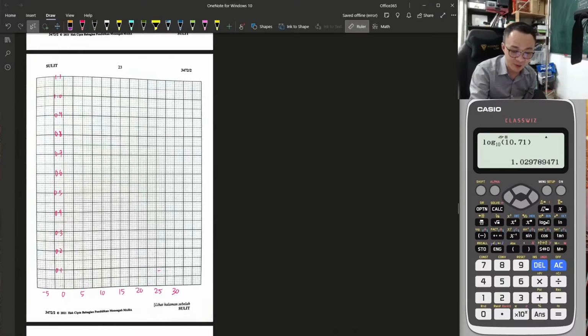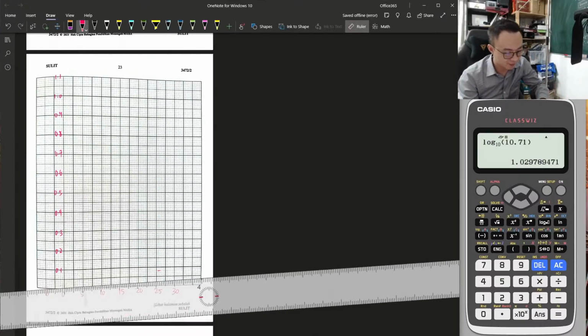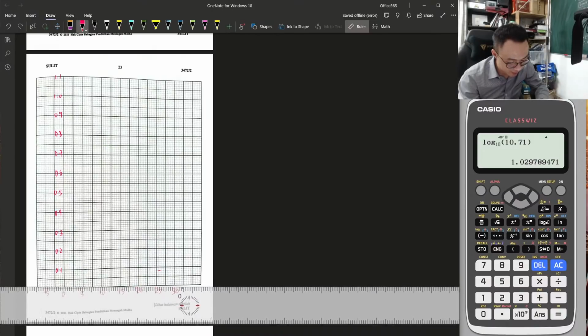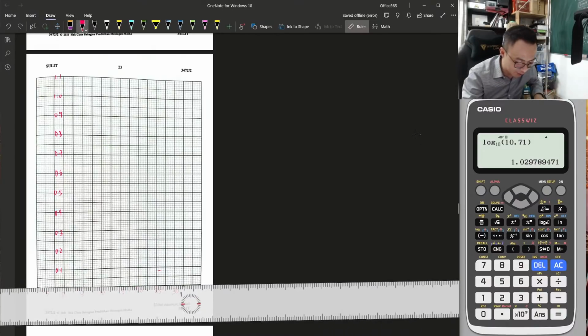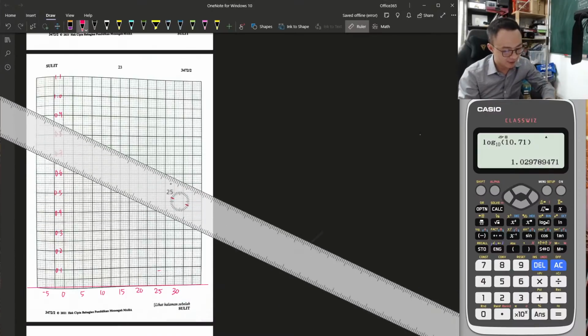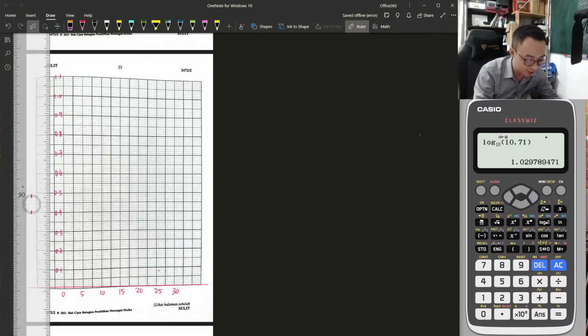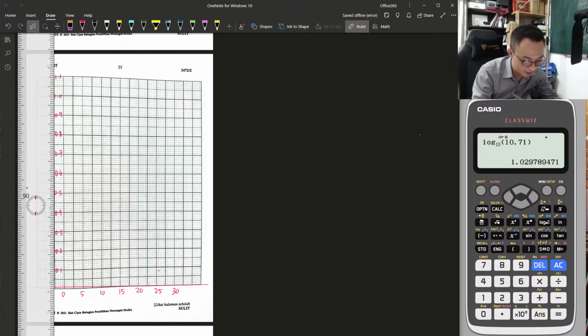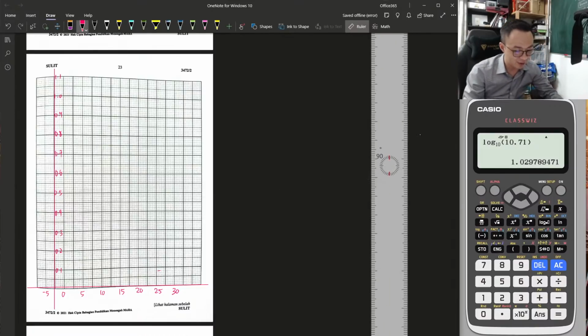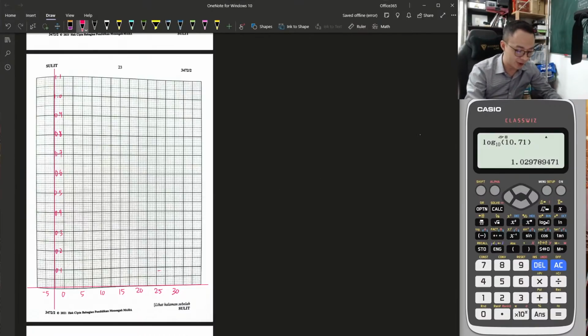Where's my ruler? Because even this one is not really perfectly straight, this allows me to have some minor mistake. Something like that. I believe someone scanned it, so it's not really perfectly square straight. So I will just do as nice as possible. Okay, so this is what I can do here.